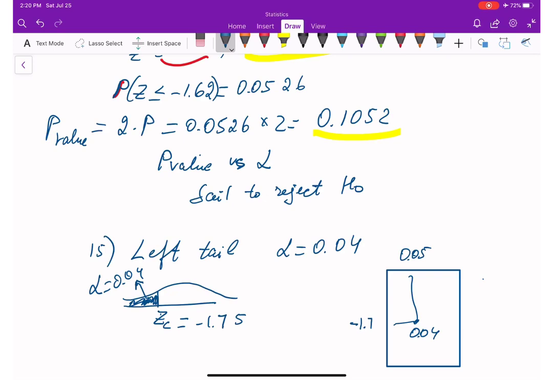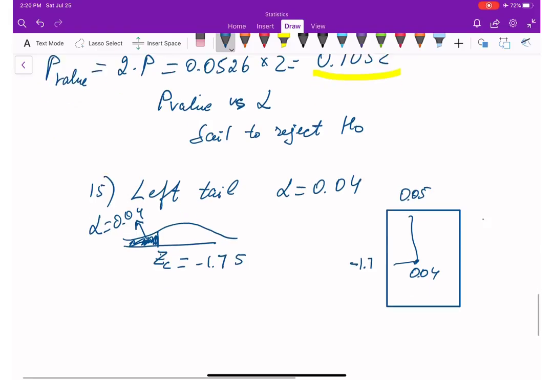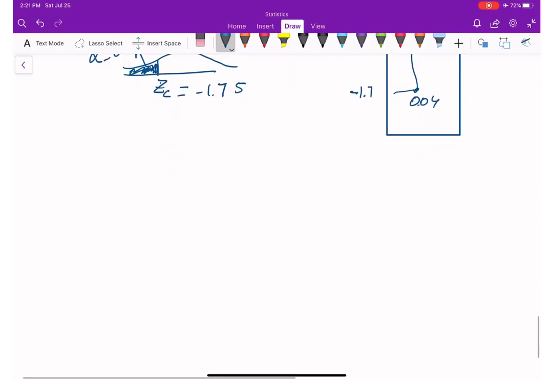Number 16. So right tail, we need to find right tail. I mean, in this case, we are going to deal with the right tail. So what we're going to do with this? We have right tail.